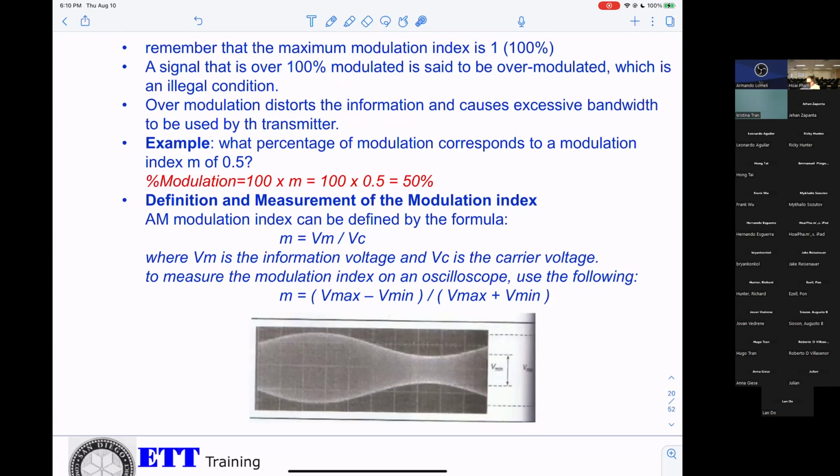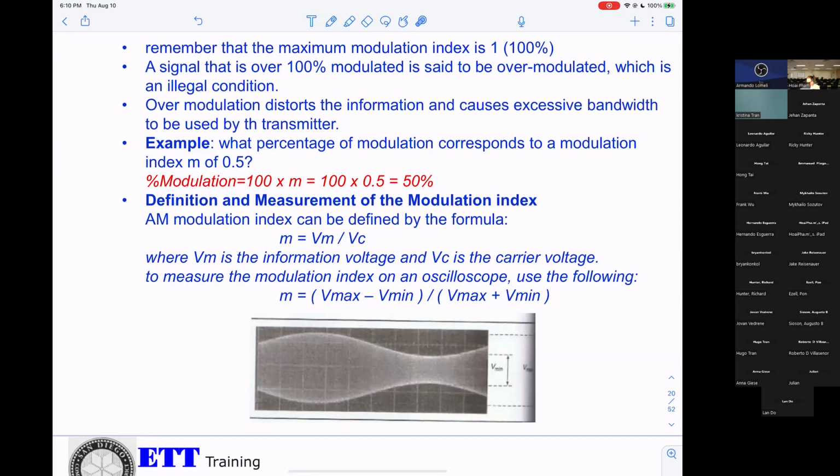Example: what percentage of modulation corresponds to a modulation index M of 0.5? Okay, percentage modulation will be 100 times 0.5. You get 50%.